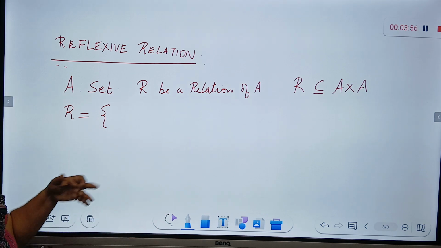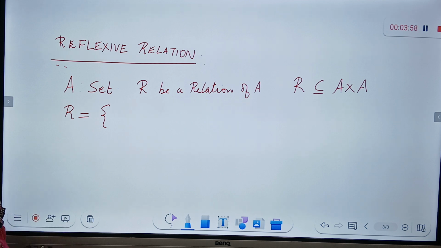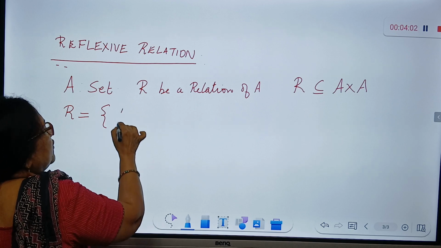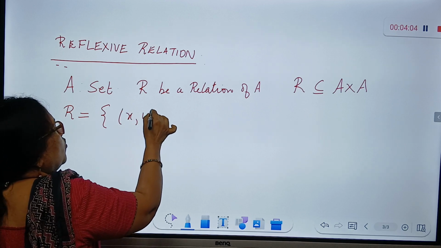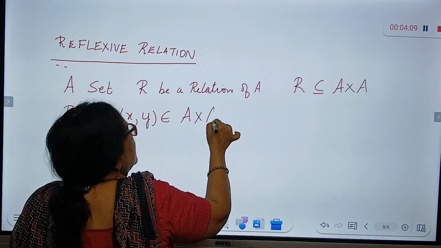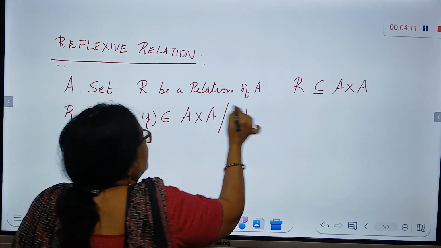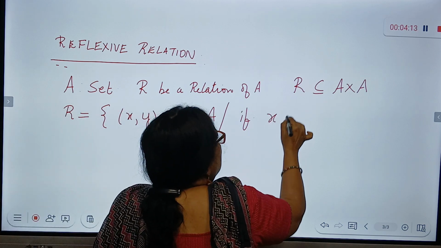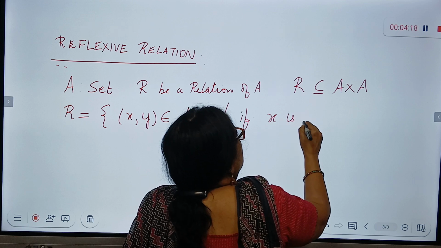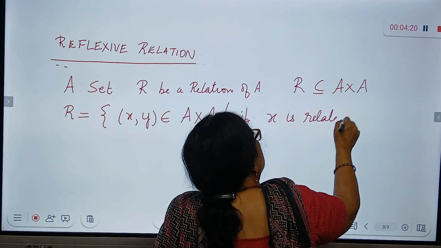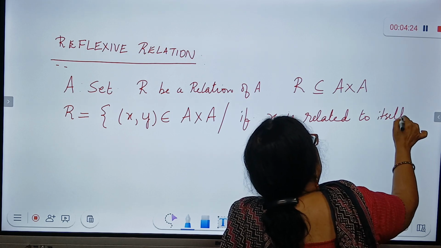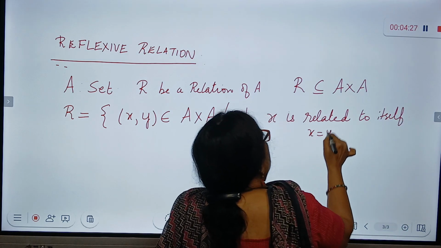So, reflexive means every element should be related to itself. So, it consists of all the elements of the form (x, y) in A cross A if x is related to itself, that is x is equal to y.